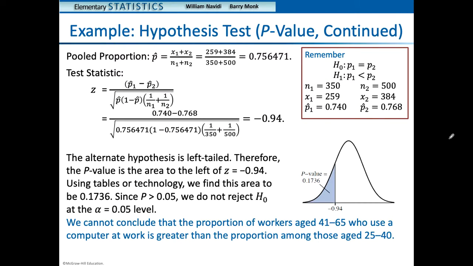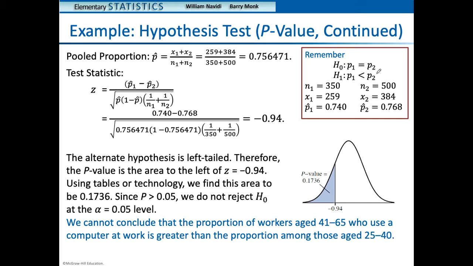The reason that this is a left-tailed test is because p1 here represents the population proportion for the younger age group. p2 represents the population proportion for the older age group. And the hypothesis test is supposed to be set up to see if p2 is greater than p1, right? And another way of phrasing that is by saying p1 is less than p2, right?